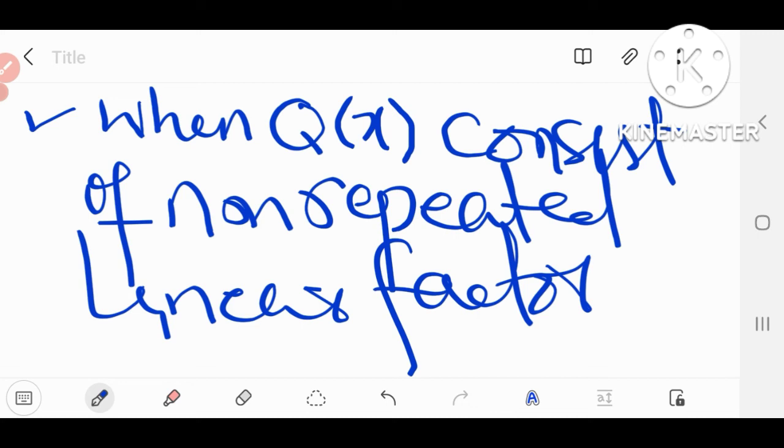Case number three, when the denominator consists of a non-repeated quadratic factor. And case number four, when the denominator consists of a repeated quadratic factor. On behalf of these four cases, we will solve every problem by its own method. A proper fraction has its own method and an improper fraction has its own method.